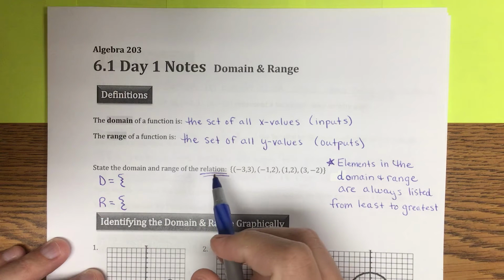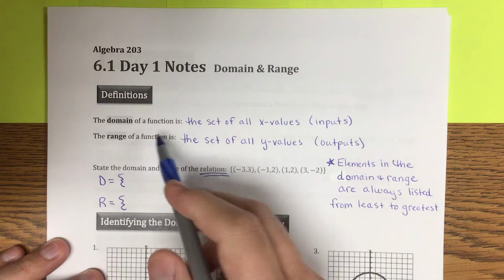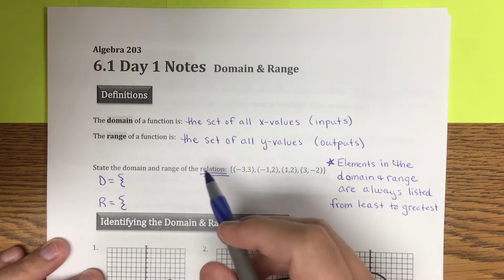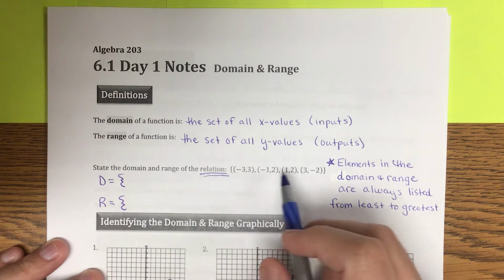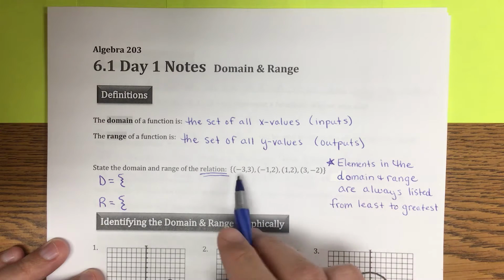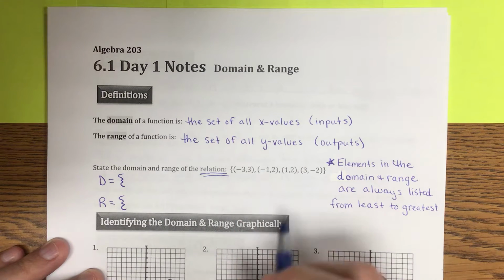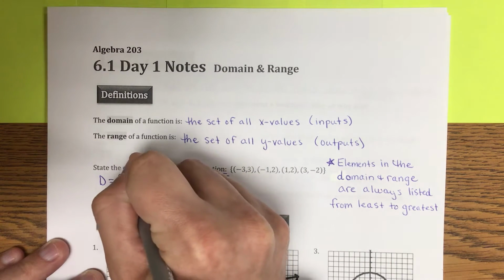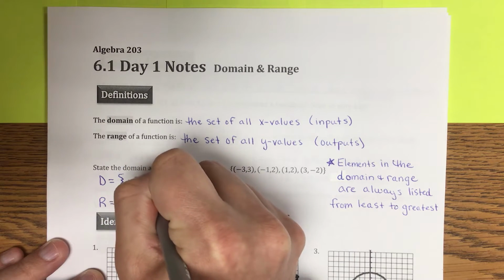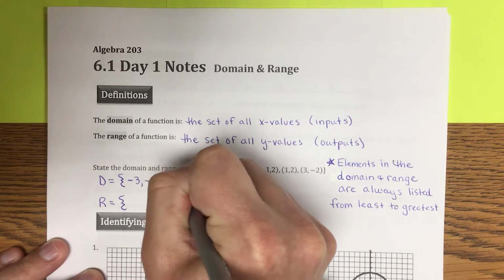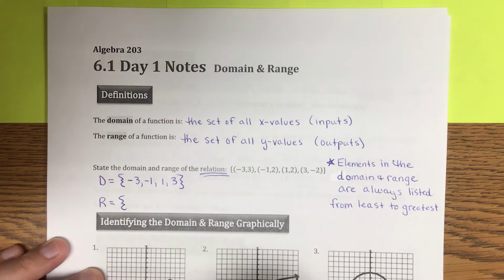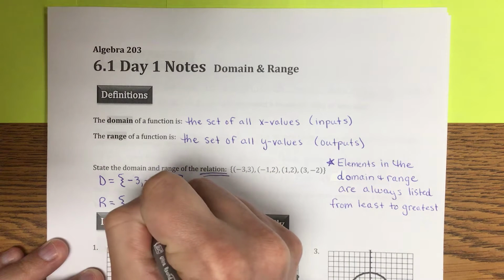We talked about relations back in chapter 2, but a function is a special type of relation that we'll get back to. When you want to list out the domain and range of a relation, you list out all the x values from least to greatest, and you list out for the range all the y values from least to greatest.